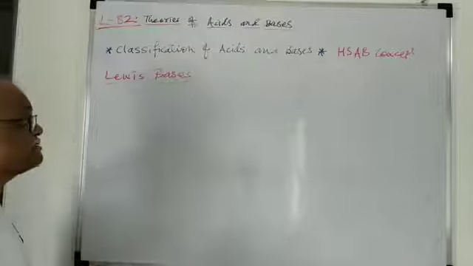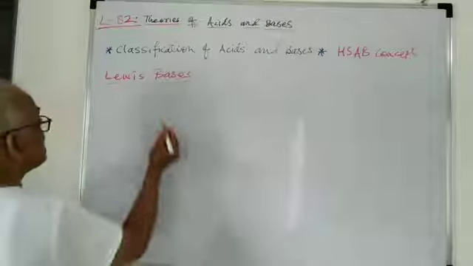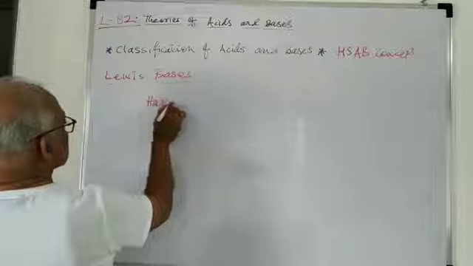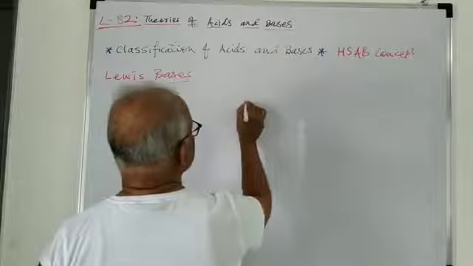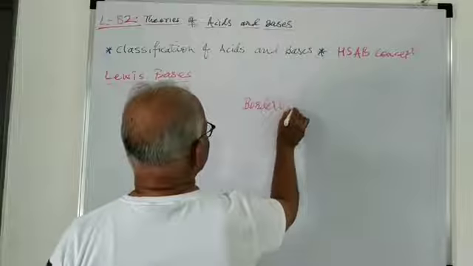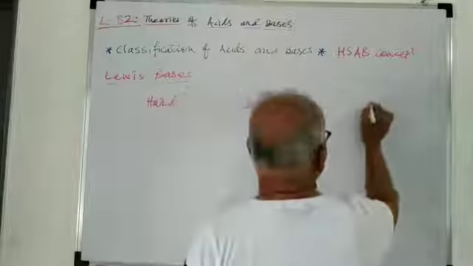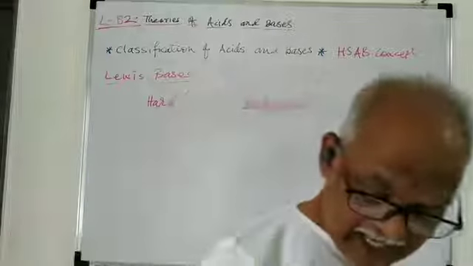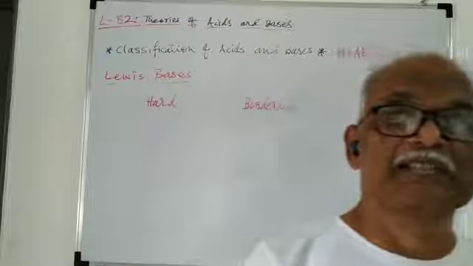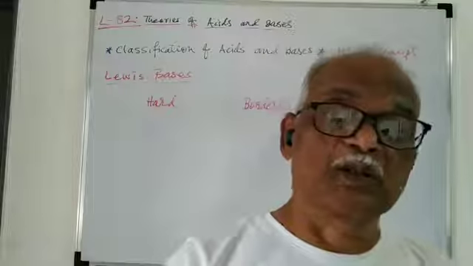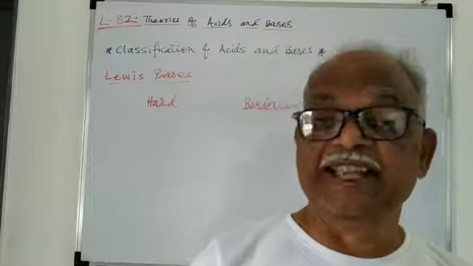So these acids and bases can be classified into three categories: the hard, then borderline, and soft. So these are the three categories we are considering for the hardness or softness of these Lewis acids and bases.